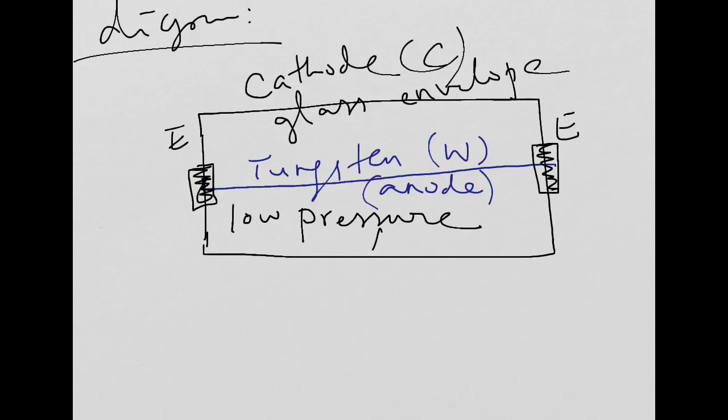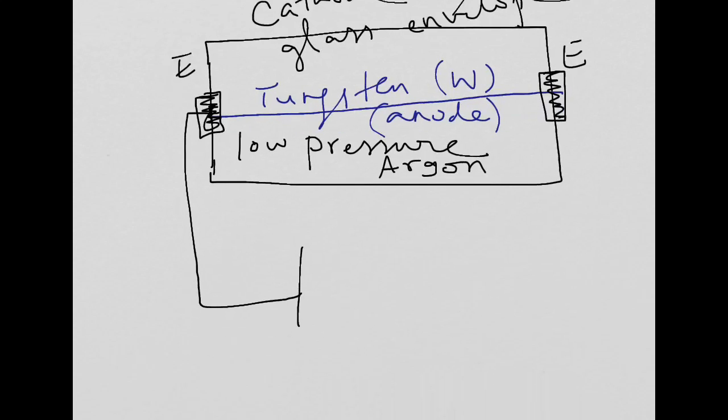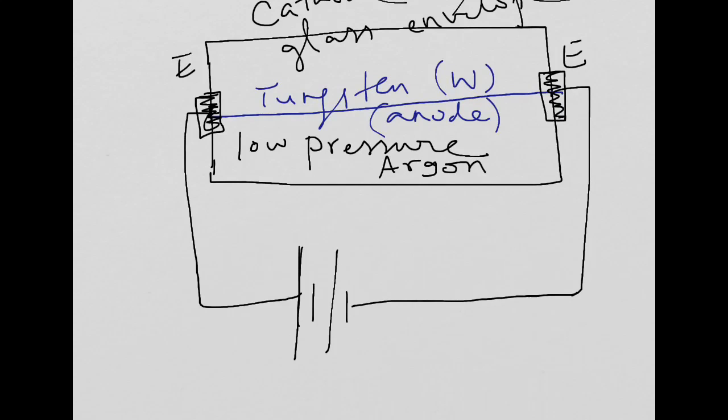The inert gas that we use here is argon. The ends are connected to a high voltage or high tension battery of 1000 volts.